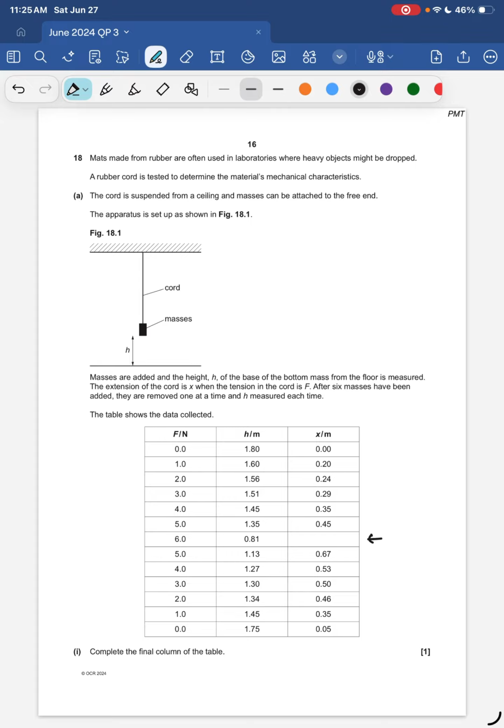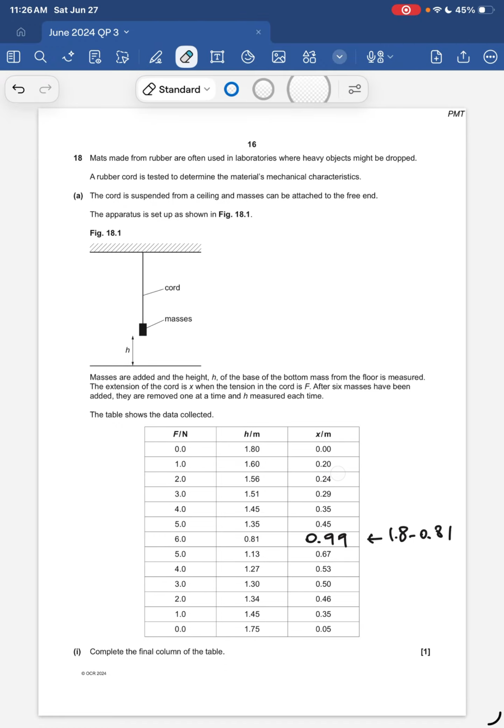You see that x is 0 when there are no masses, and then x is 0.2 because the h reduces to 1.6 from 1.8. So all you have to do is subtract 1.8 minus 0.81 to find that this is 0.99 pretty much. I hope this makes sense. If it doesn't, ask me in the comments, but it's pretty simple, I guess. So this point is 0.24 because the height is now 1.56, but the height when the force is 0 is 1.8 and so on. So just subtract and find it.